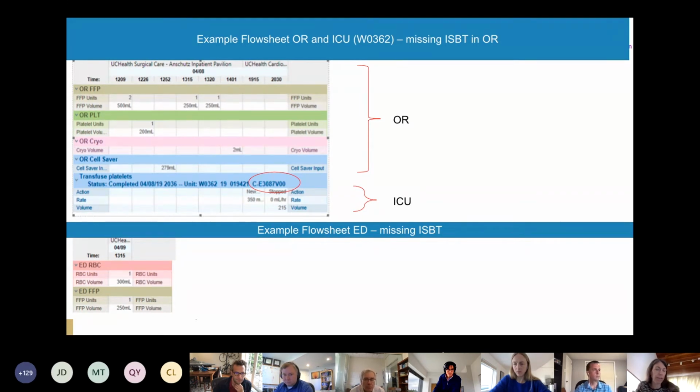Now things look a little bit different. We couldn't find that same type of information when we were looking for information that occurred from the OR or even from the ICU potentially. So here's an OR flow sheet, and you can see the products that are administered, and their volume, with time across the y-axis with the date. That is all useful, but what we didn't have was an ISBT code to help us identify exactly what type of product was transfused.